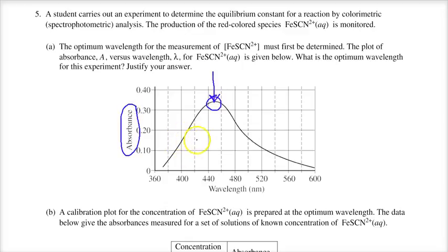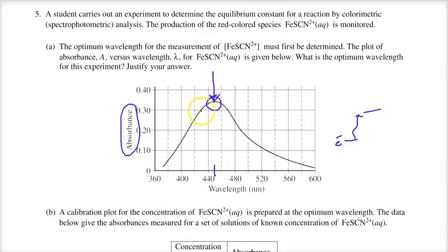Remember, there's a lot of electrons that can exist in this compound. We want the electrons that are best absorbed from a certain wavelength. So if I look at this peak, I want the top part of the peak. This shows me there's maximum absorption at a certain wavelength, which represents a certain energy, which represents the energy needed for an electron to go from one level to the other.